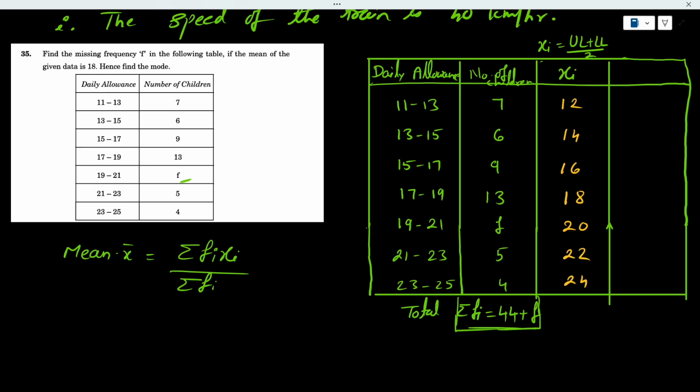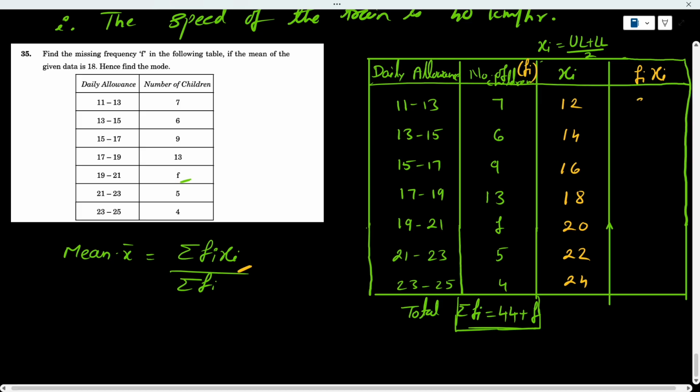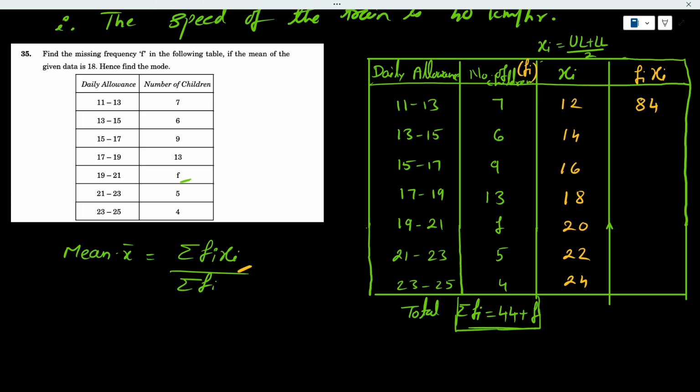Now what is the next column here? Sigma fi xi. So this is nothing but fi times xi. So you need to find out frequency times mid mark, right? 12 sevens are 84, right? Write it in properly aligned values so that adding or subtracting values won't be difficult.